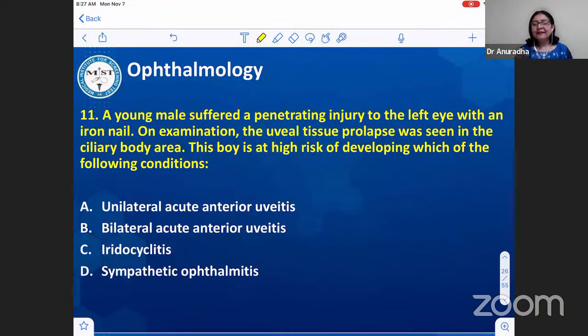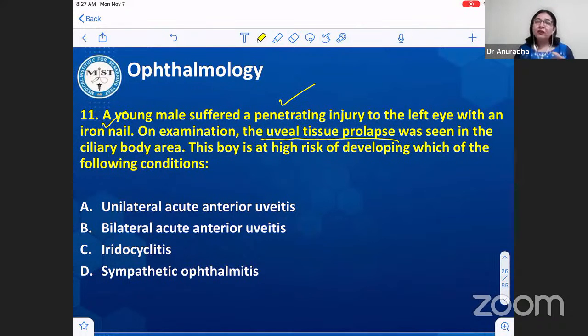So, classical case scenario, they have given you all the required information to make a diagnosis. What are the key points here, beta? Penetrating injury with iron nail. Penetrating injury means there is some corneoscleral perforation or laceration. The uveal tissue prolapse was seen, that is, because of the injury, the uveal tissue is coming out.